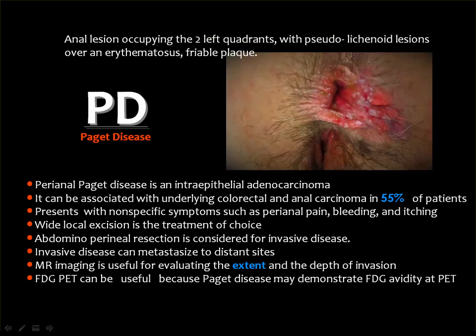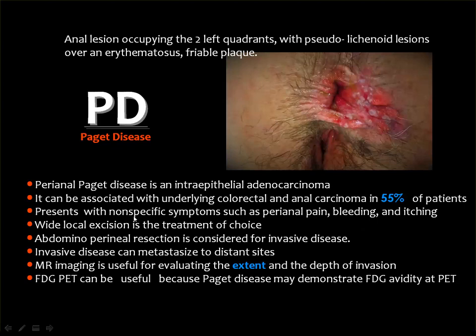Then we came to the Paget disease, which is considered a skin disease affecting the skin of the breast, and sometimes it may affect the skin around the anal canal. And perianal Paget is an intraepithelial adenocarcinoma and is associated with colorectal and anal cancer in about 55% of the patients.